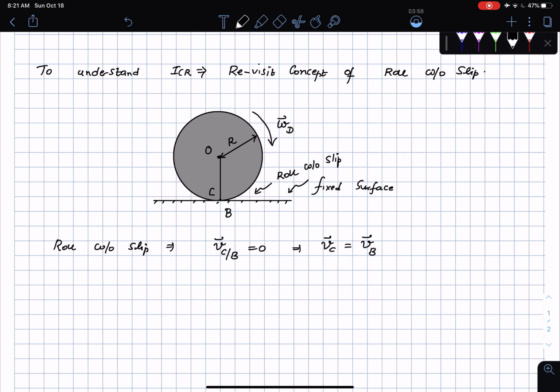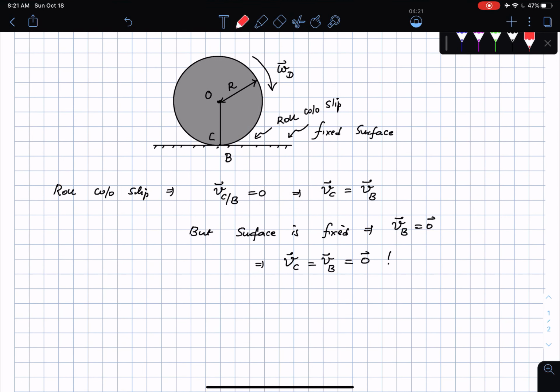But the ground itself is fixed, which means that velocity of B is 0, which implies that velocity of C is now 0. I hope this makes sense. This is at that instant in time, of course.